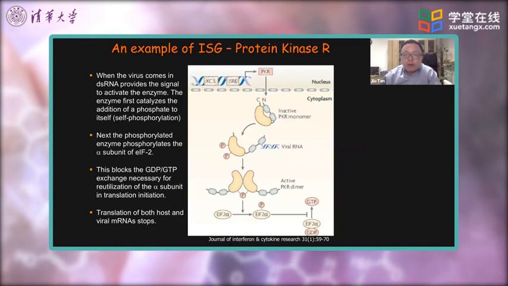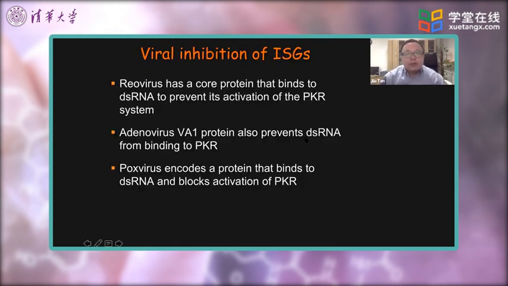As I mentioned very early on, there's always an arms race between the viruses and the host. Such an effective way, as we know, didn't lead the virus to go extinct. So viruses must have evolved countermeasures against it. Many different viruses have evolved different ways to counteract PKR's antiviral activity. For example, some viruses have encoded a core protein that binds to double-stranded RNA, and this binding prevents activation of PKR.